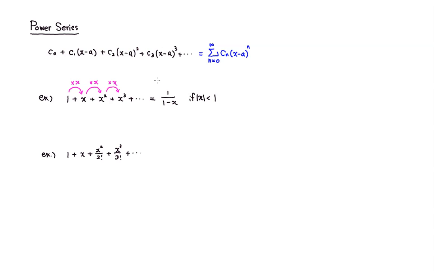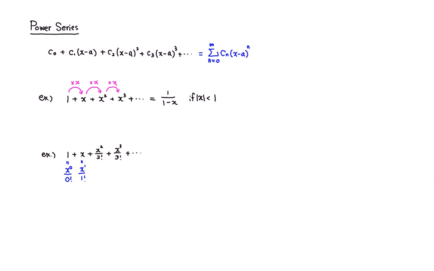Another example, and we're going to explain how we get that later. Maybe I should have written it this way: 1 is the same thing as x to the 0th power over 0 factorial. Remember that 0 factorial is defined to be 1. And the second term is x to the first power over 1 factorial. 1 factorial is 1, and so on.